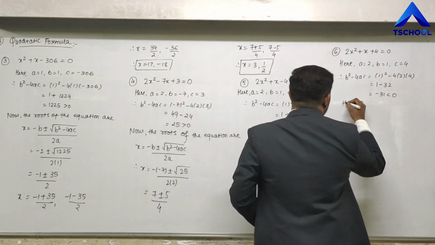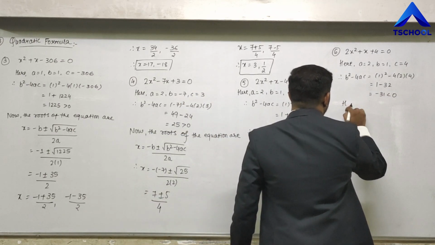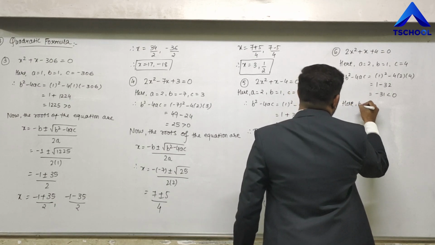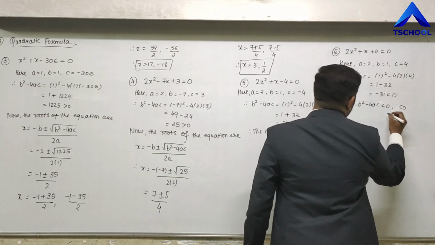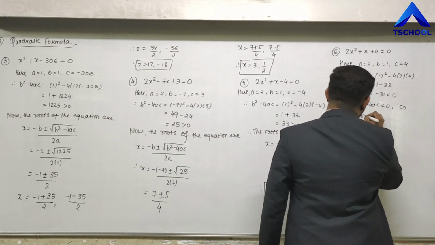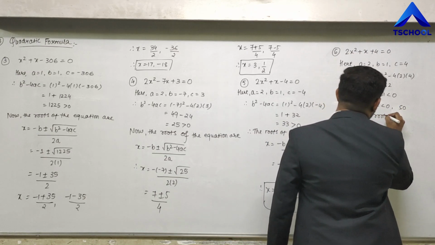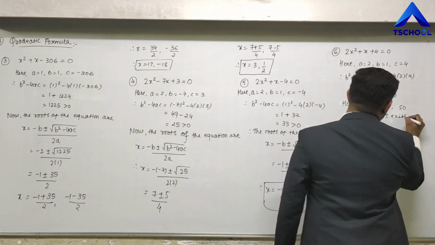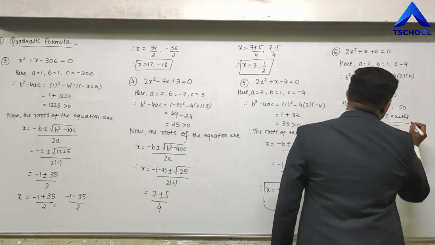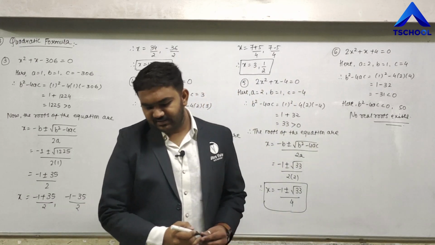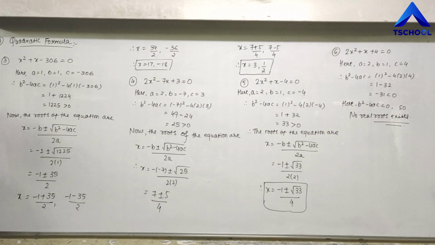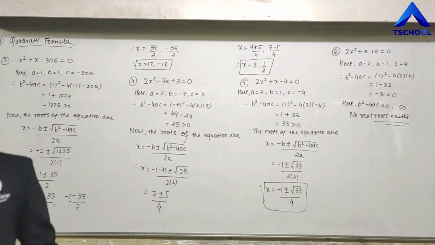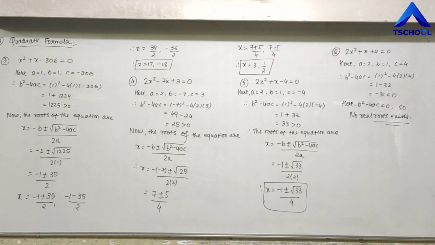So here b square minus 4ac is less than 0, so no real roots exist. And hence you get no solution of this equation. That means no real roots exist for this given equation. So that was the example I was talking about, of what to do when no real roots exist.